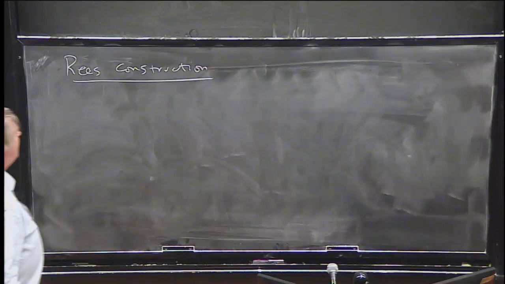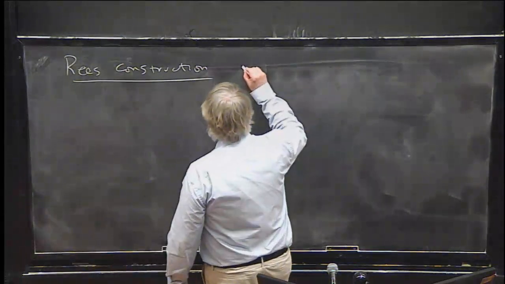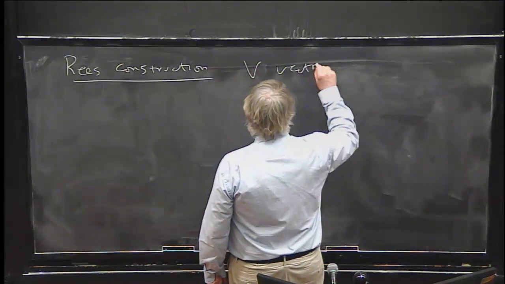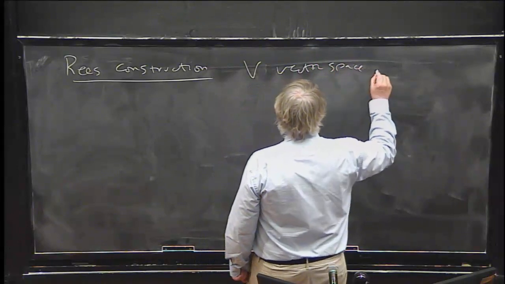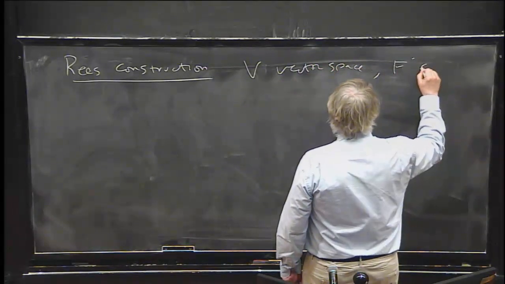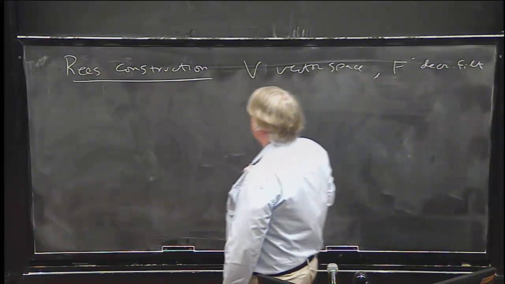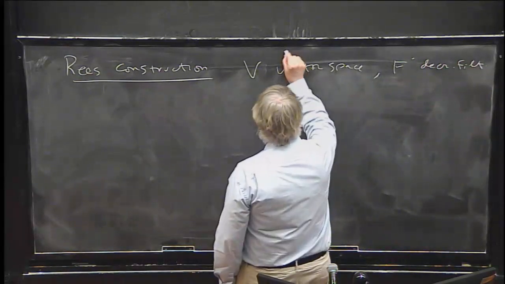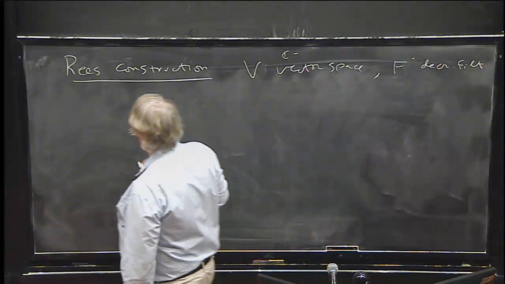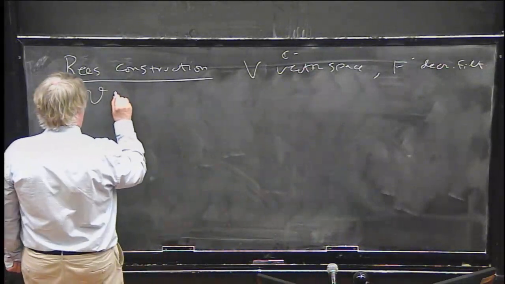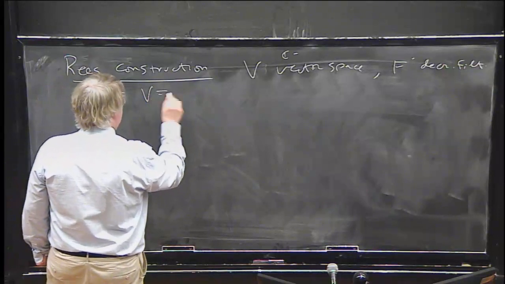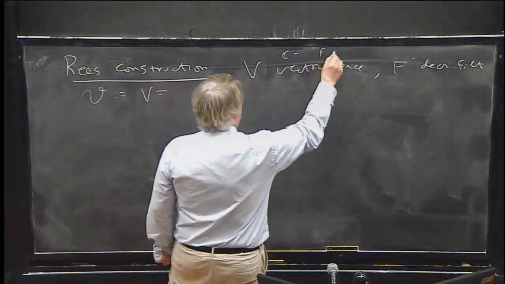So suppose we have a vector space, a C vector space, and F, a decreasing filtration. Then let's let curly V be a finite dimensional vector space.